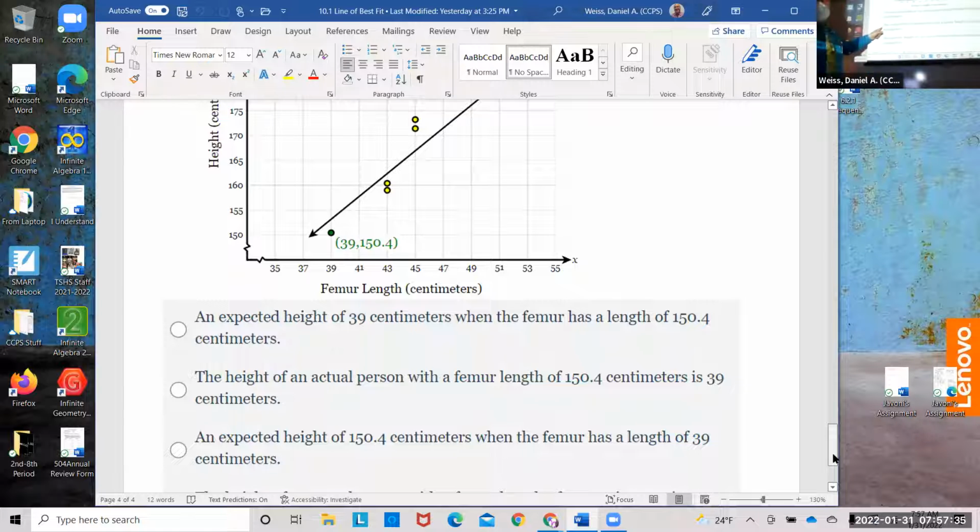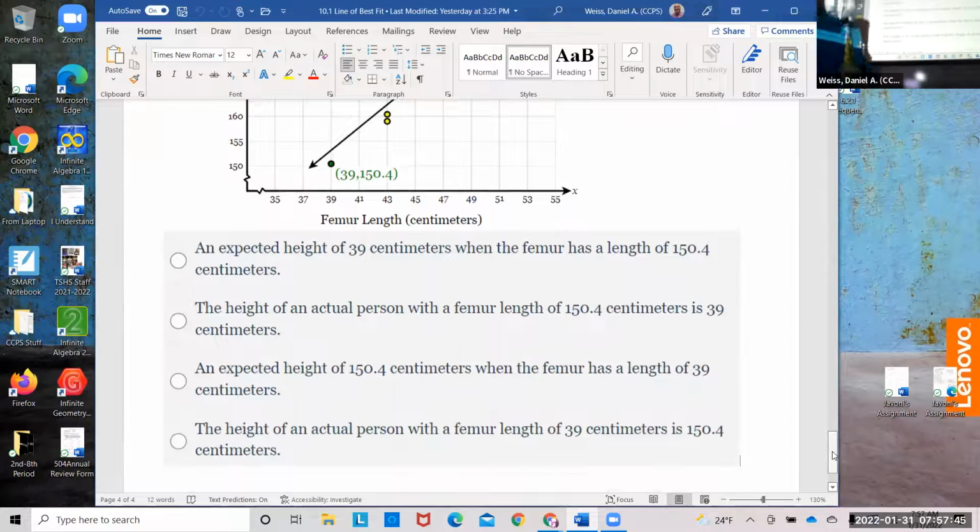So this one's out. Expected? No, out. Height of an actual person, femur length of 39 centimeters is 150.4 centimeters. That's your answer, right?